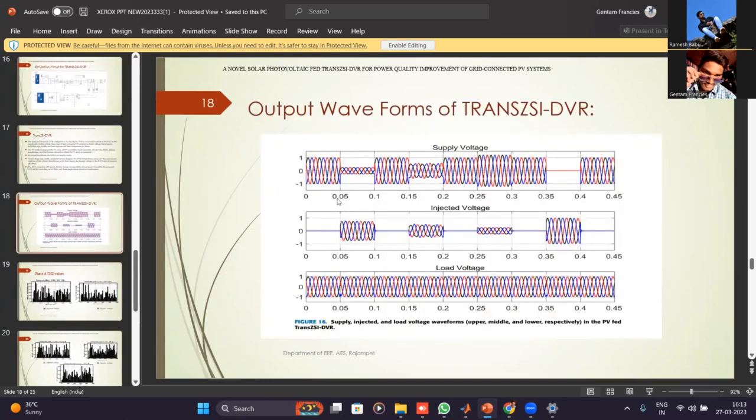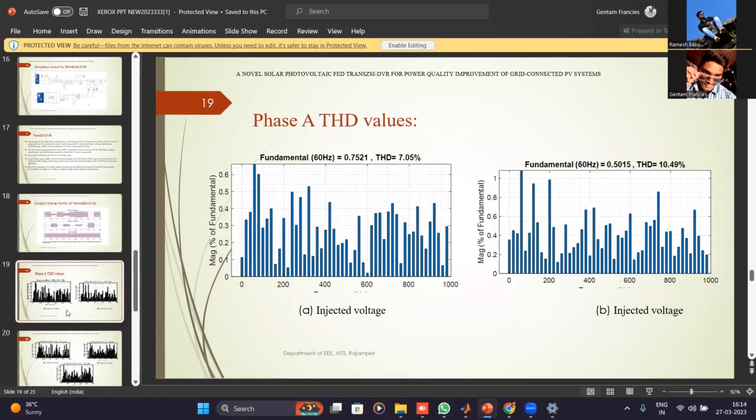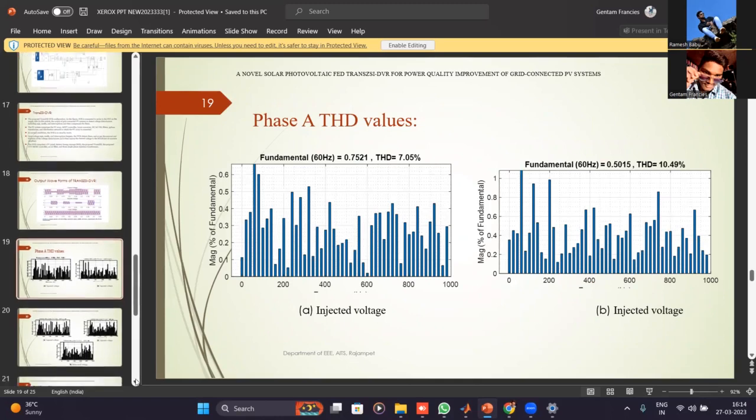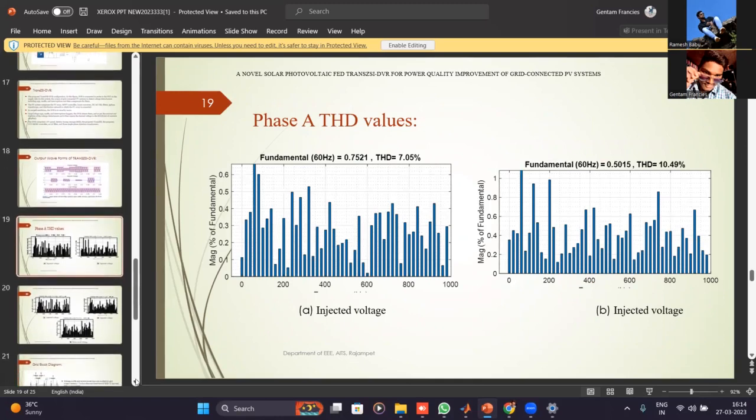We have used similar case scenarios when comparing VSI, ZSI, and TransZSI to analyze how the proposed one compares to the traditional ones. We have studied THD values for TransZSI, VSI and ZSI, and concluded that TransZSI has more superior performance capability than VSI and ZSI.